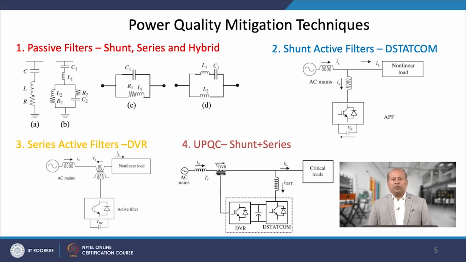A single solution to mitigate both voltage and current related power quality problems is UPQC, which is a combination of both shunt and series active filters.